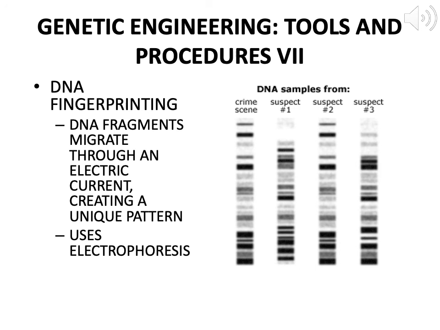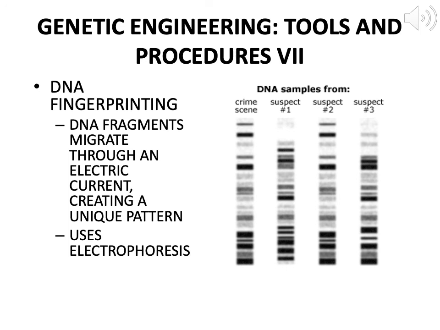If we can break our DNA into fragments, we can take those fragments and we can migrate them through an electric current. The fragments move based on how much they weigh and what their relative charges are. And so you'll see on this picture on the right-hand side a series of bands that have stripes in them. And those stripes represent DNA fragments that have moved a particular distance. And so you'll notice I got a pattern of fragments shown in the column called crime scene.